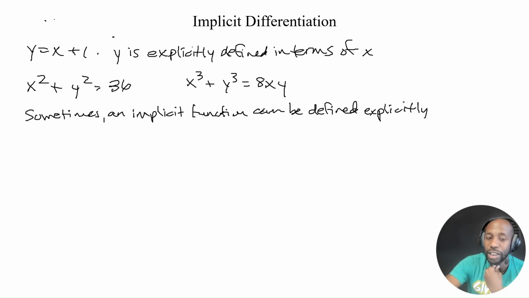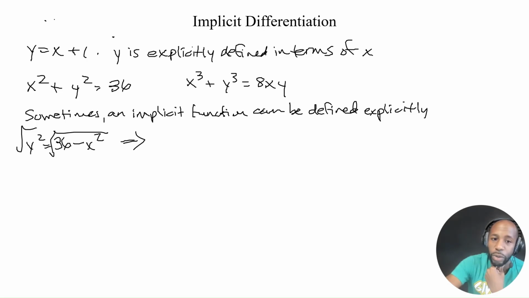So if you move the x squared over, y squared will be equal to 36 minus x squared. And then if you take the square root, what you have is y equals plus or minus the square root of 36 minus x squared.